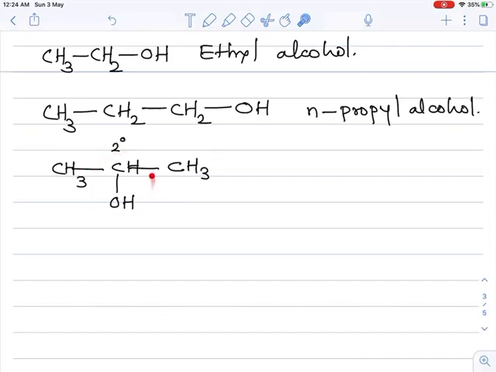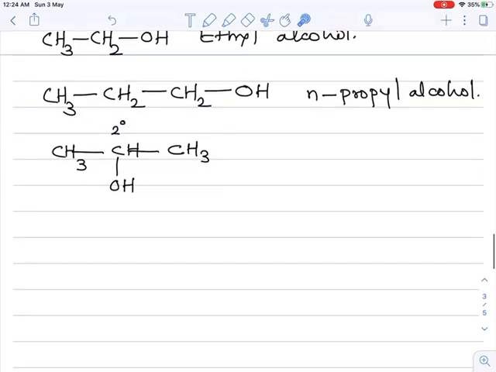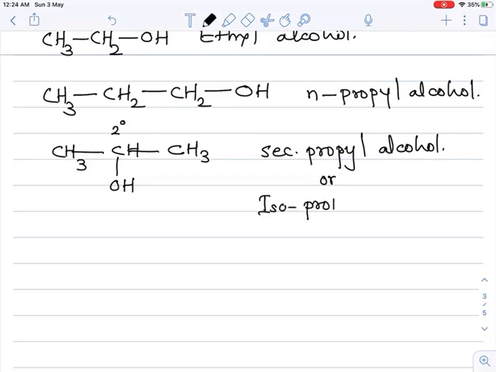So this is a secondary alcohol and a total 3 carbon containing chain is there. So its common name is secondary propyl alcohol. What's its common name? Secondary propyl alcohol. Now this secondary propyl alcohol is also called isopropyl alcohol. Exceptional case is there.